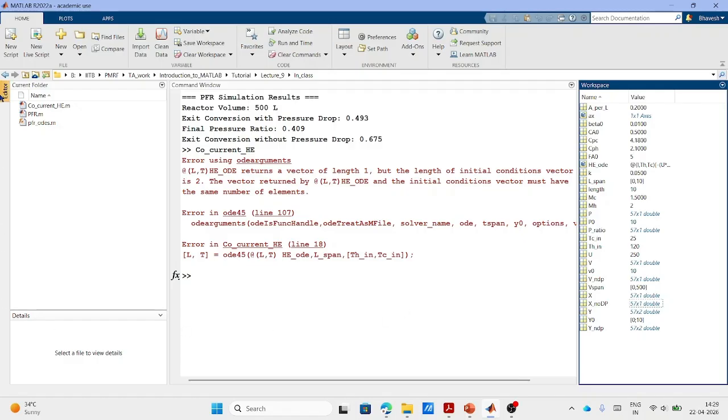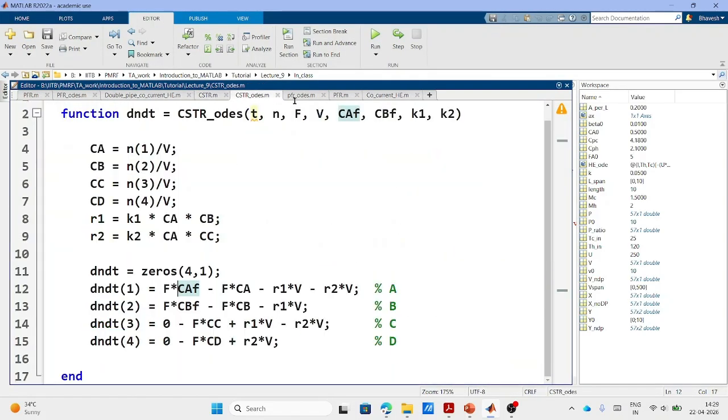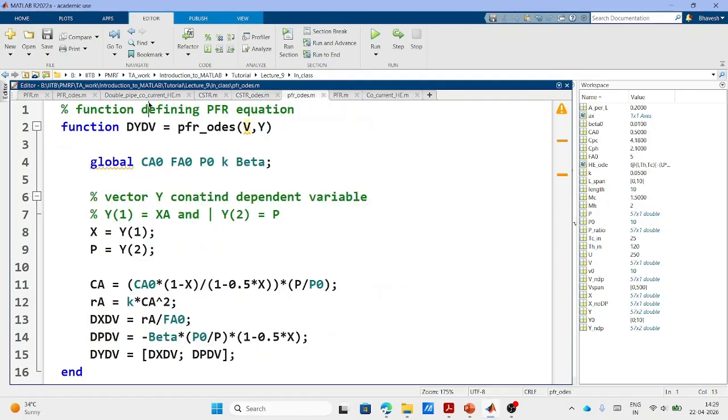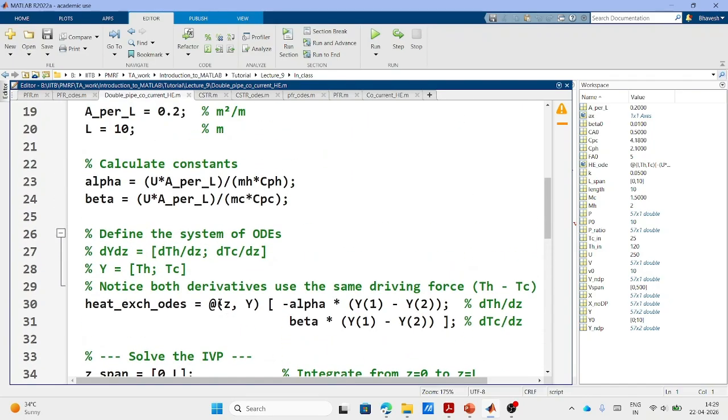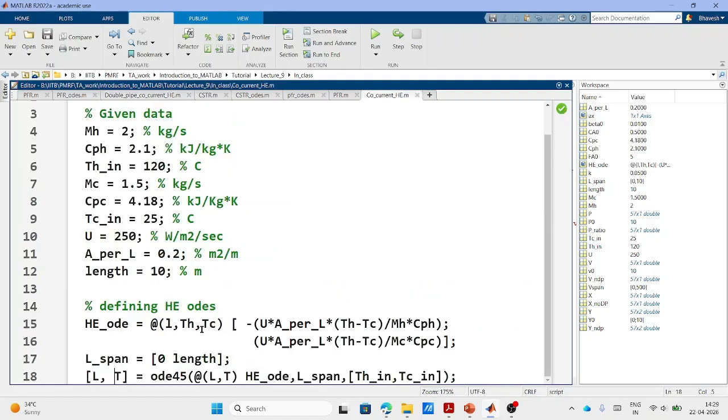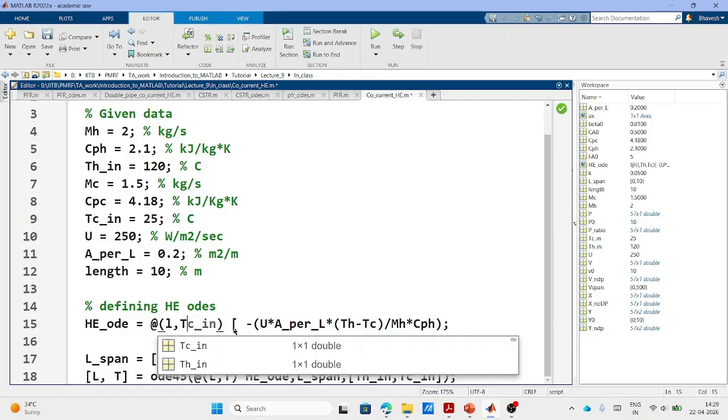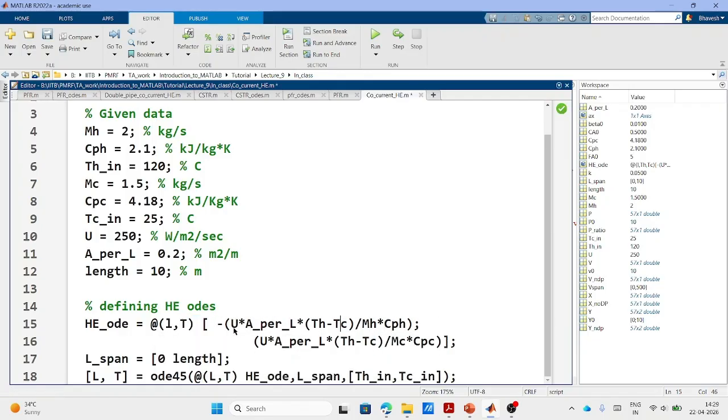Okay, maybe I'm making some mistake in defining ODEs today, which I'm not able to track, what exactly I'm doing wrong. These are the ODEs defined. Oh yeah, sorry. This is my mistake, that I have to write the function of T. This will become T1, T2.